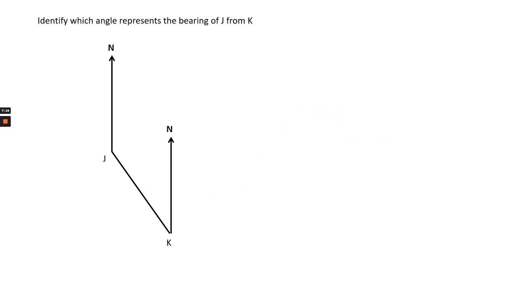I want to identify which angle represents the bearing of J from K. And so I'm going to highlight from K, and I'm going to circle K. I'm at K. I want to move clockwise from north until I'm pointing at J. And so this then is the bearing of J from K. Let me do that in a different color to make it really clear for us.